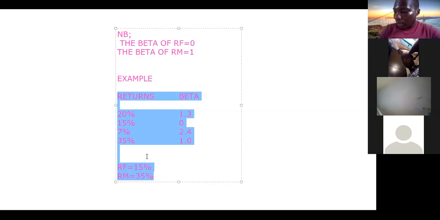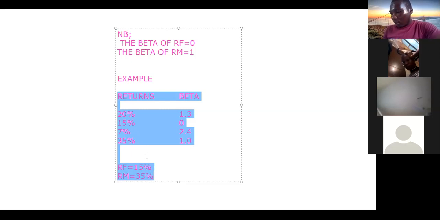RF, the risk-free rate, is equal to 10% because the beta is the one at the horizontal side. So you have 0, 0.6426, 1.0, 2.0. So the betas are those there. And then the required returns or the individual returns are the 20, 15, 13.21, and the other ones over there.